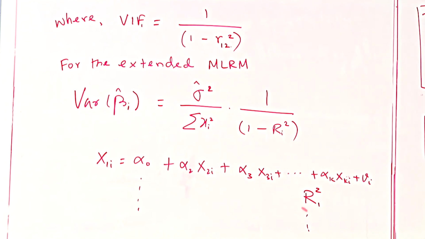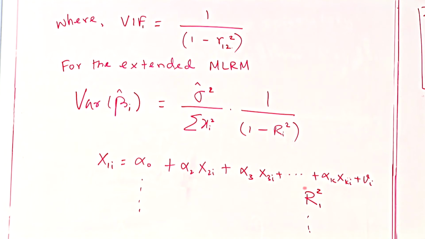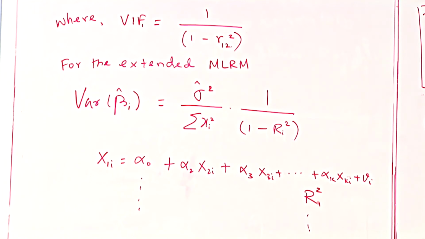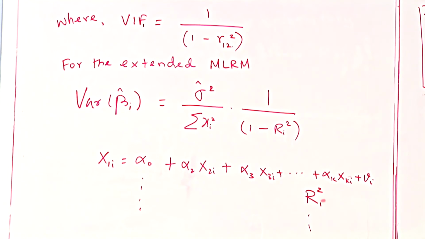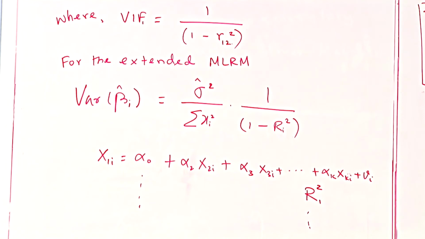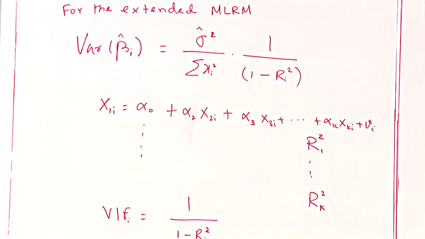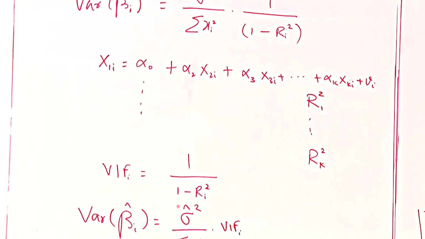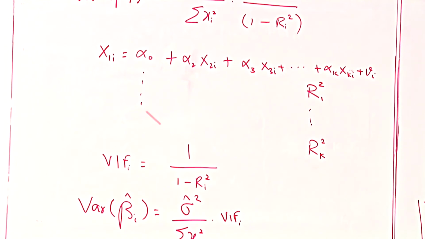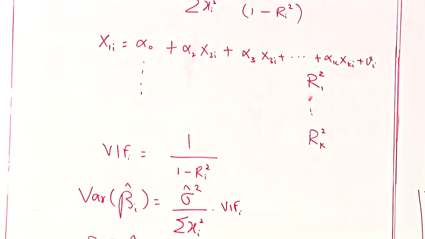If there are k independent variables, this auxiliary regression gives you the multiple correlation coefficient, from which we define the variance inflation factor. The variance inflation factor is nothing but 1 by (1 minus ri square), where ri square is derived from the auxiliary regression of xi on the rest of the independent variables.